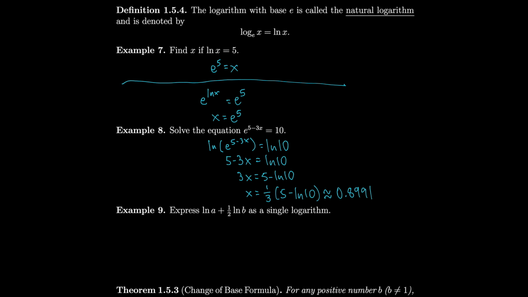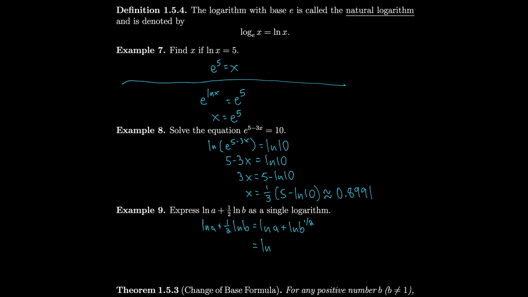Let's express ln a plus half ln b as a single logarithm. Well, ln a plus half ln b is equal to ln of a plus ln of b to the 1/2 power. By one of our laws of logarithms, we can take anything multiplying a log and make it into the exponent.